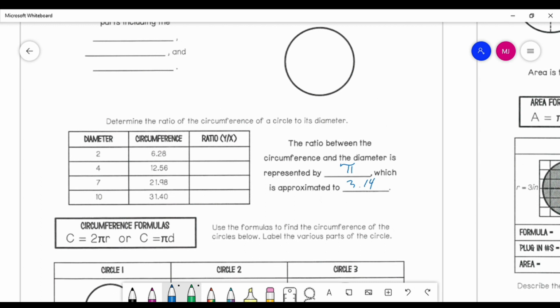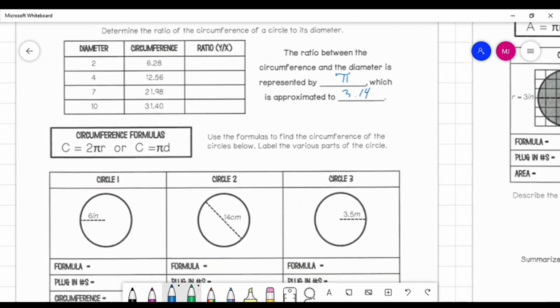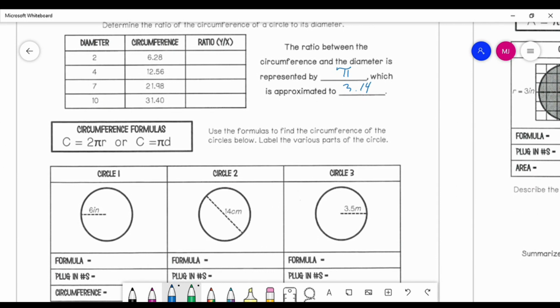And so we changed that to 3.14 in most situations so that it's a usable number. So that's where they get 3.14, which is something you use when you're doing calculations for circles all the time. If you're doing the area of a circle or circumference of a circle, you're going to use this value of 3.14.